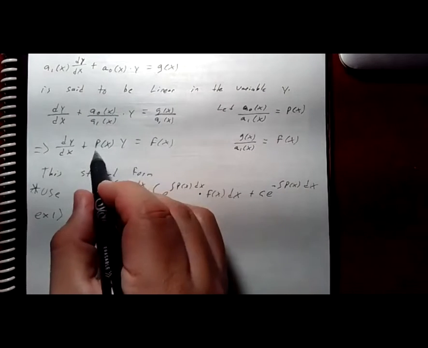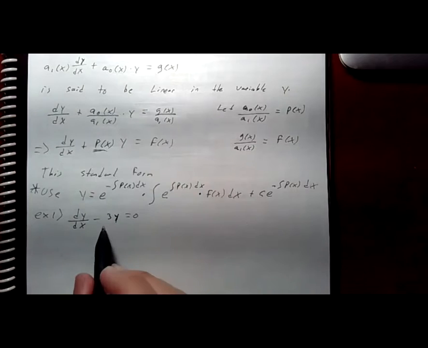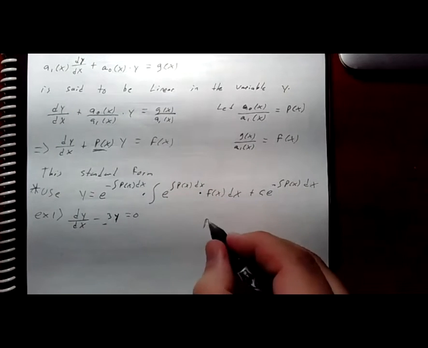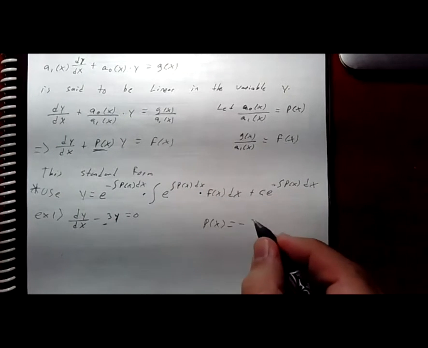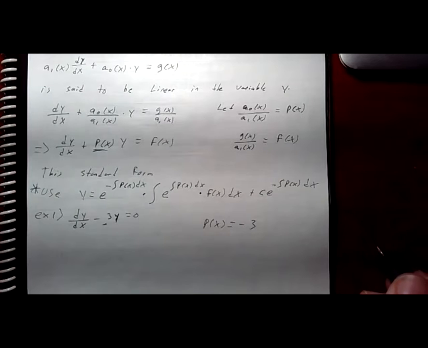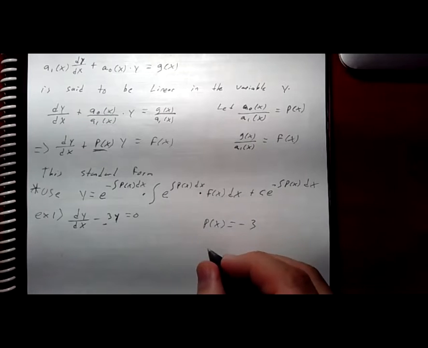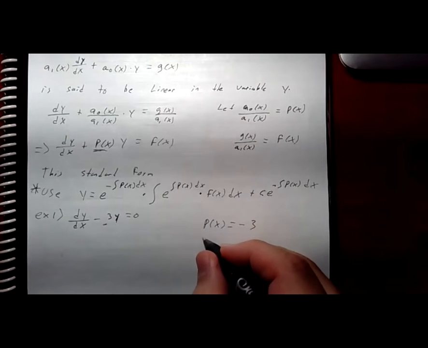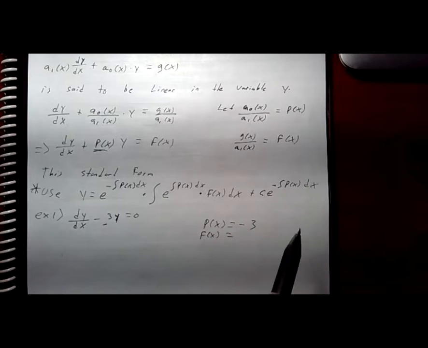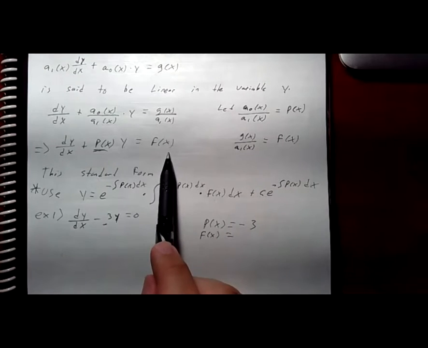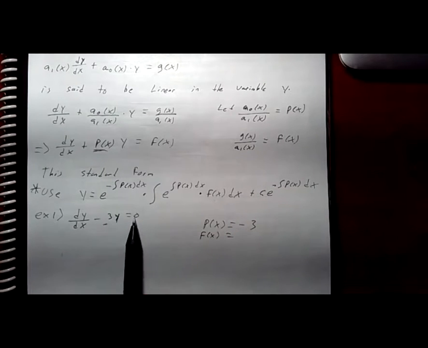So just this piece right there. So P of x is going to be negative 3. Okay, so what is my f of x? Right, it's on the right side, and we don't have one.